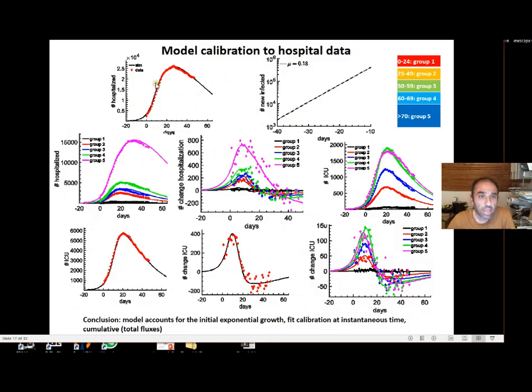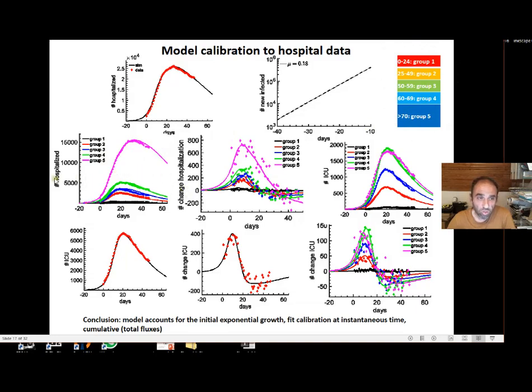So in this first figure on the left, where we have the number of hospitalized per day, you can see here the data versus the simulation, and how good the model is after we change the parameters of the model. And not only can we do that for the total number of hospitalized, but also for the number of people hospitalized per group of the different age groups. And I remind you here what these age groups are, from 1 to 5.